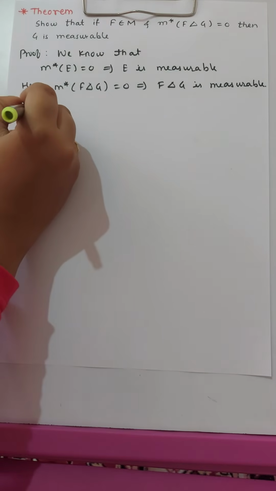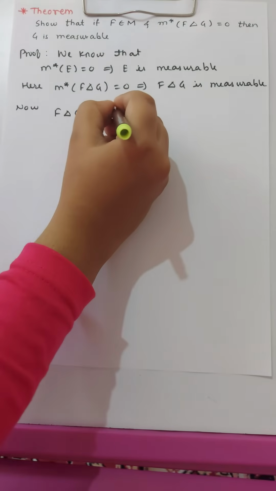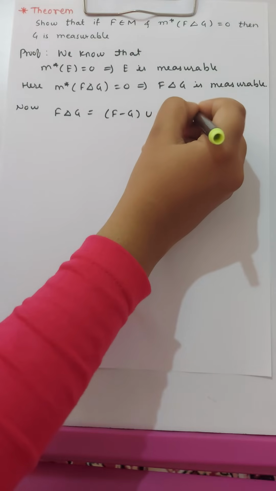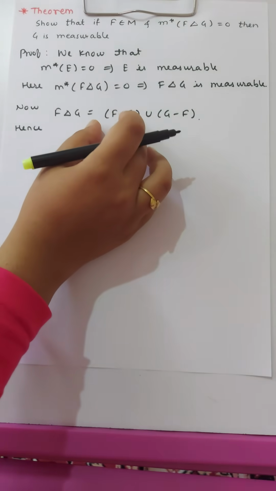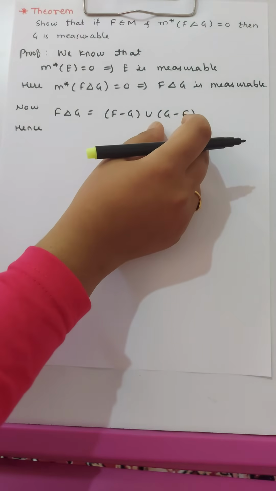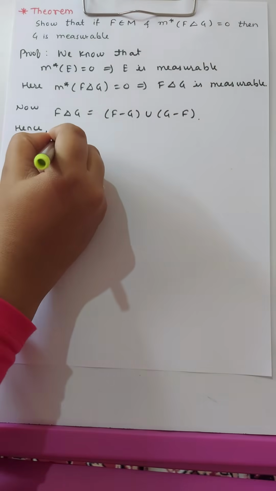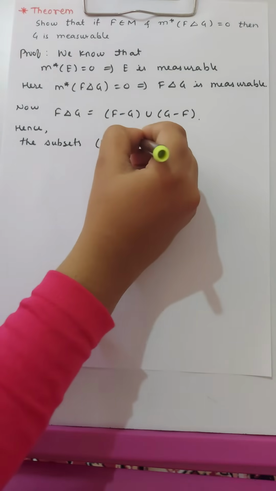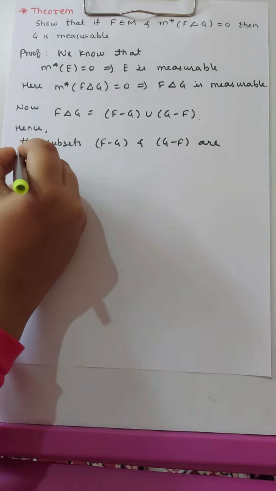Now F delta G is equal to F minus G union G minus F. So hence these subsets F minus G and G minus F are measurable.